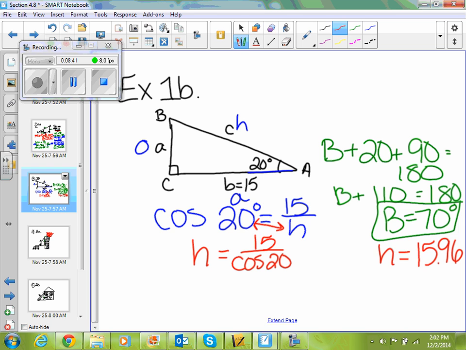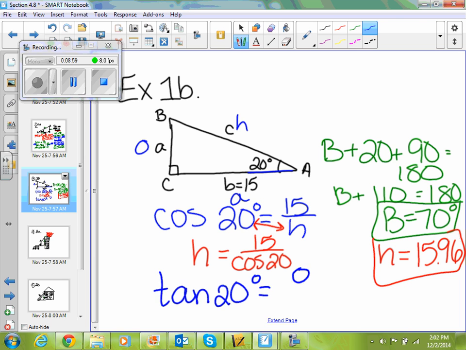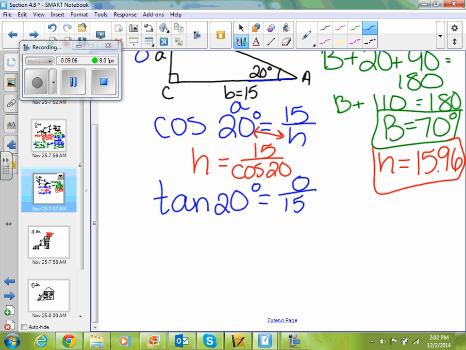$15.96. So h is equal to 15.96. The last side that I have to find is my opposite side. So if I use the fact that I know tangent is opposite over adjacent, then tangent of 20 degrees is equal to my opposite side, which I don't know, divided by my adjacent side, which is 15.